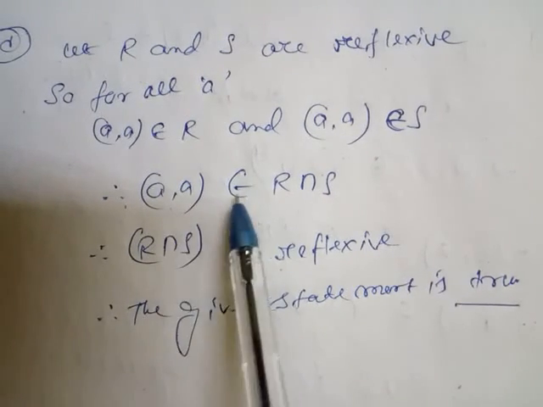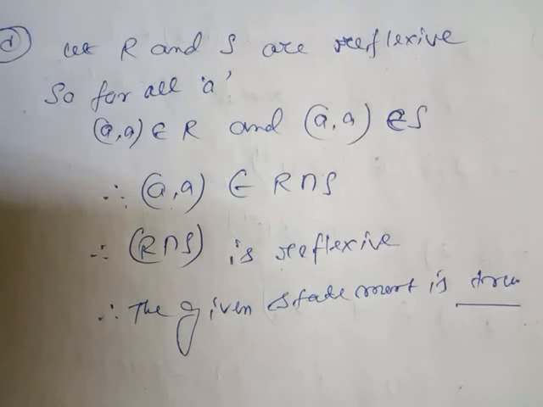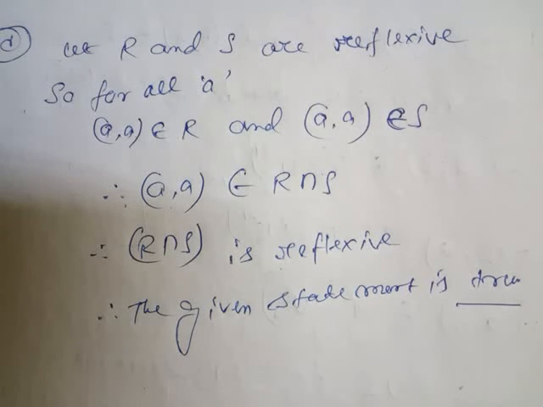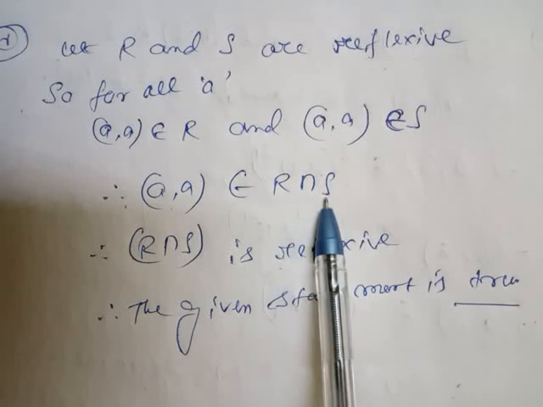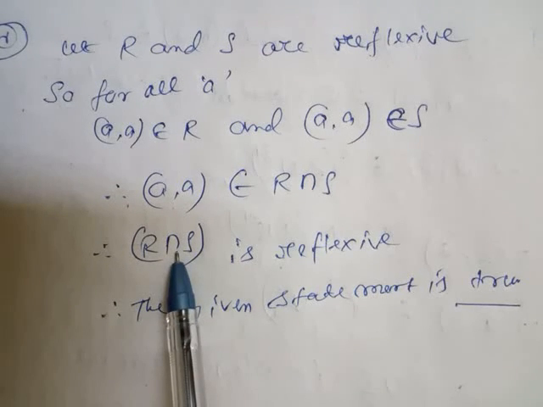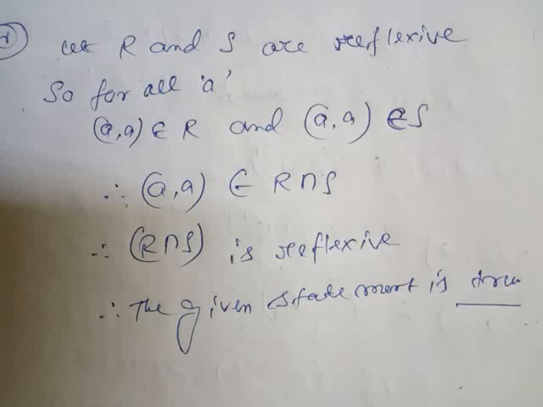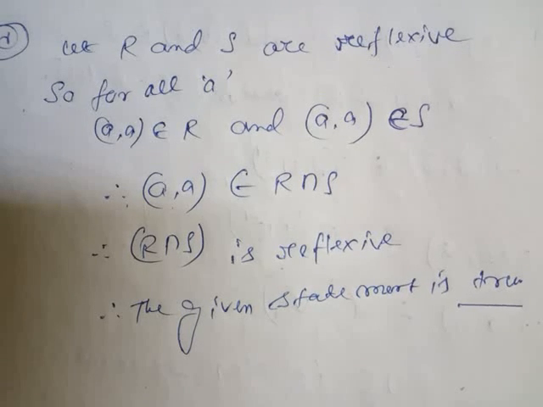Then (a, a) belongs to R intersection S. That's because we have to check whether it is true or false. Then if (a, a) belongs to R intersection S, which means R intersection S is reflexive, the given statement is true. 9d.